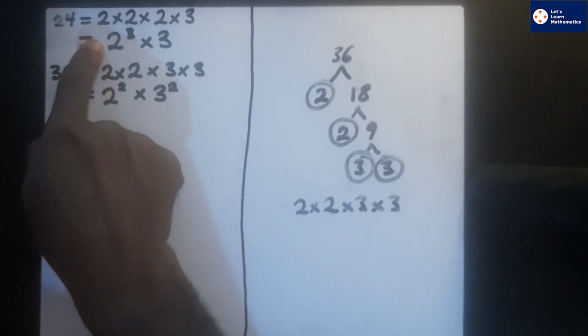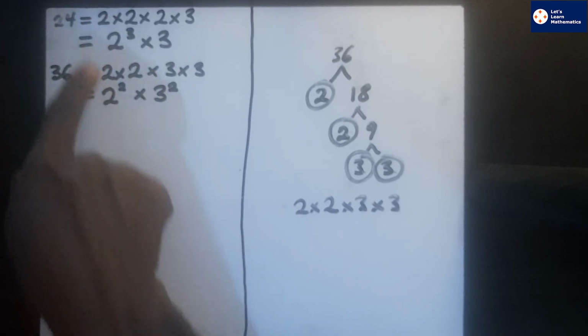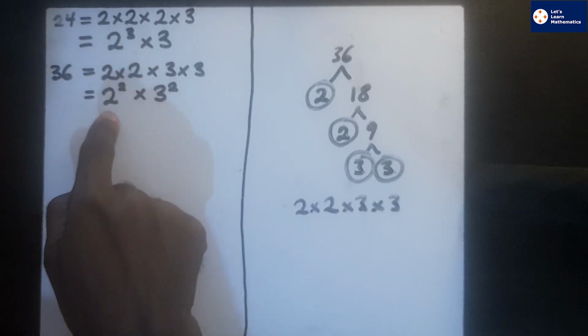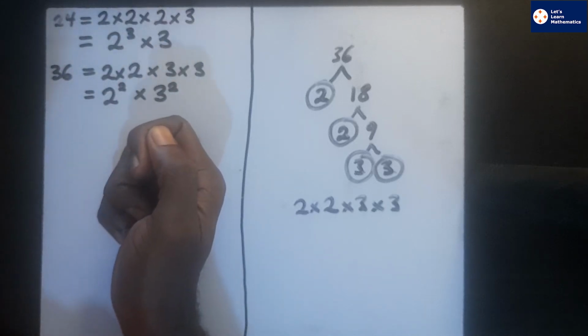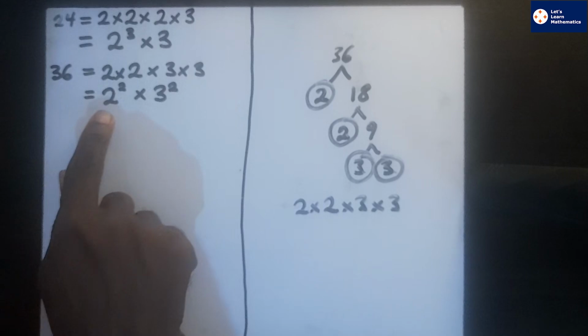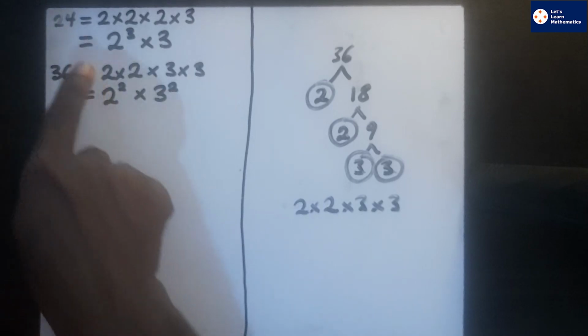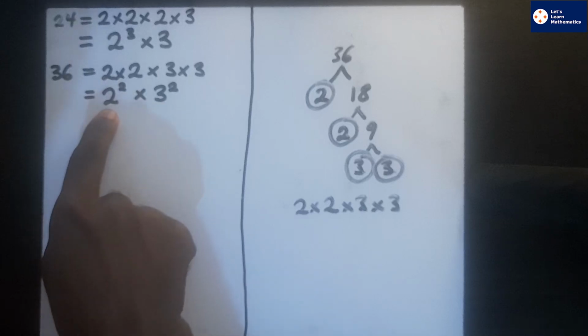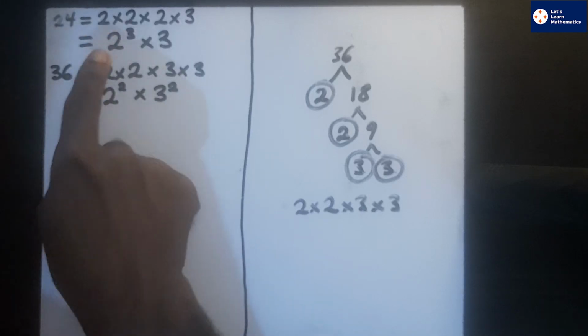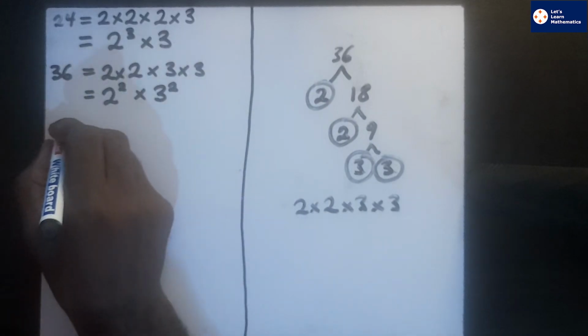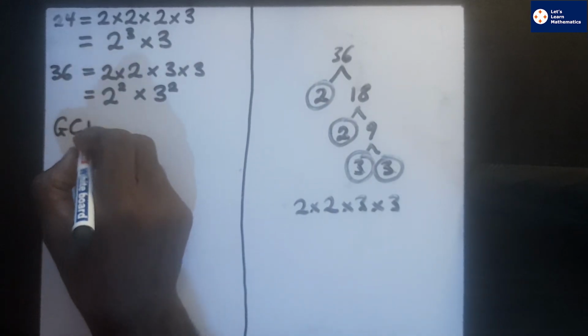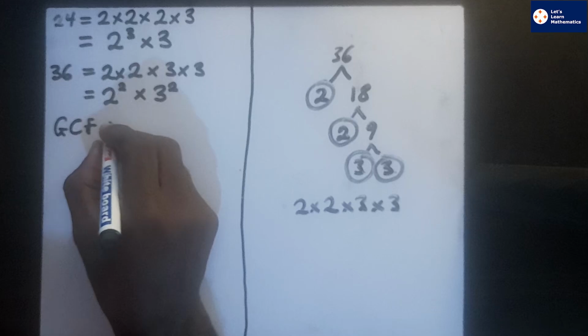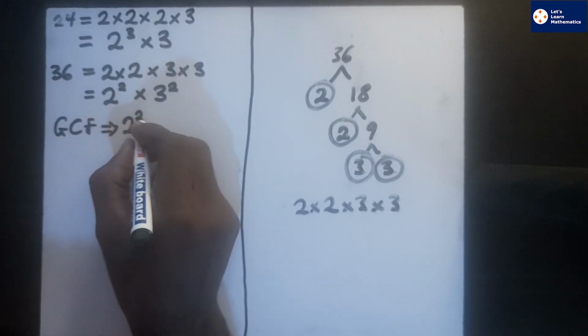So for 2, we compare 2 squared and 2 cubed. Then we take the one that has the least power. So this time we are going to take 2 squared, because comparing 2 cubed and 2 squared, this is the one that has the least power with regards to the prime number 2. So our greatest common factor, or GCF, is going to be 2 squared.